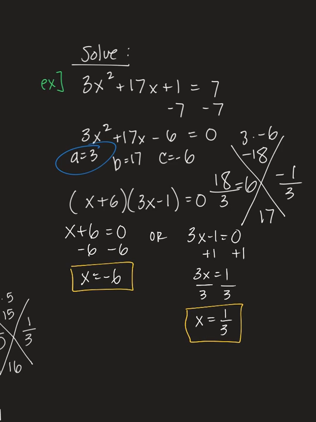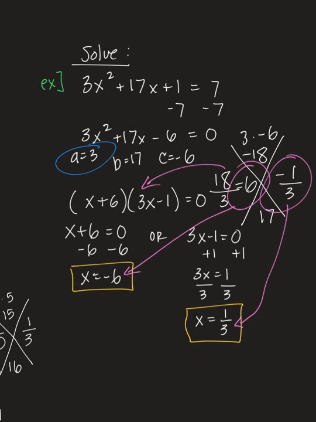Now, I do want you guys to notice something here. If we look back at our original x, we had 6 and negative 1/3 as our two values before we put it into factored form. You can also notice that our answers are actually the opposite signs of our values.